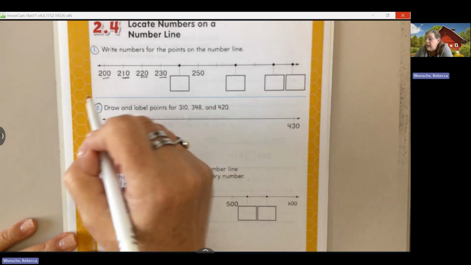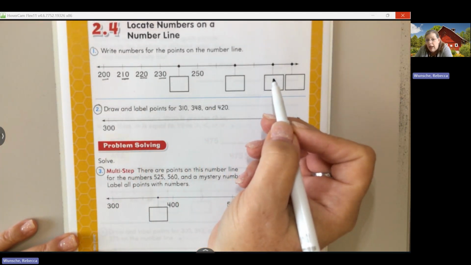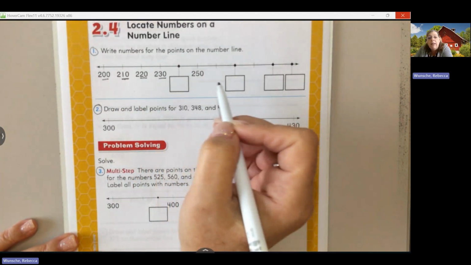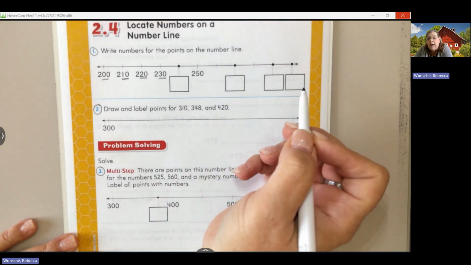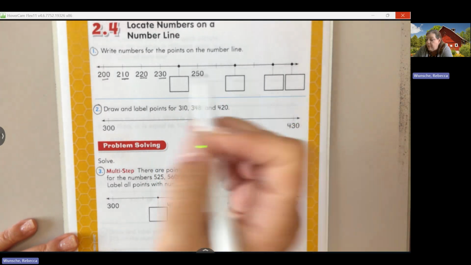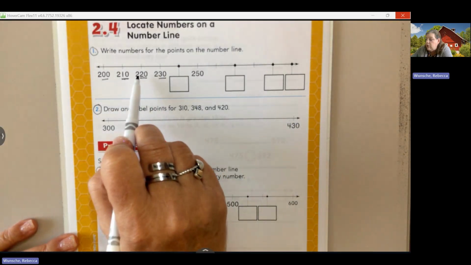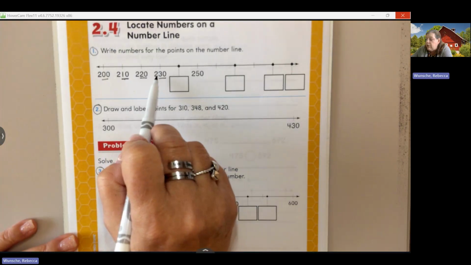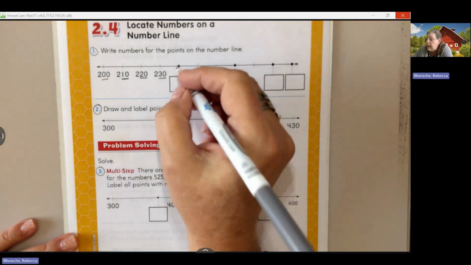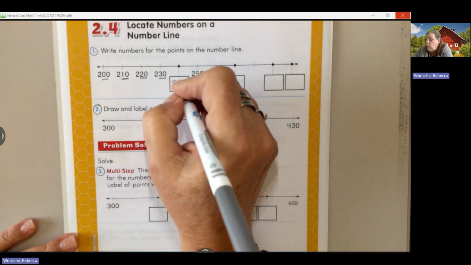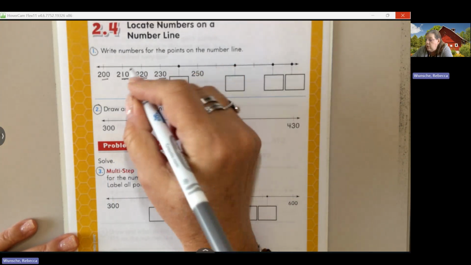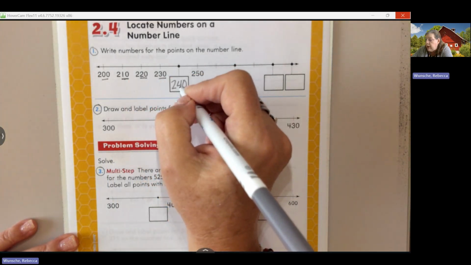So we're going to continue this pattern on our number line, and we're going to fill in these blanks that don't have a number already written for them. So if we start at 200, 210, 220, 230, next would be 240. 10, 20, 30, 40.